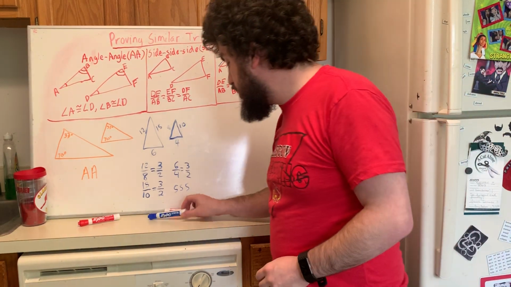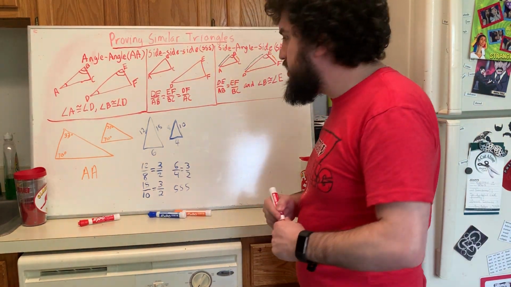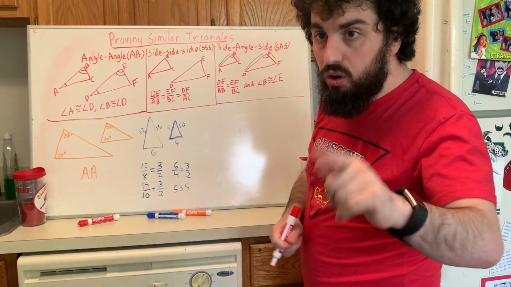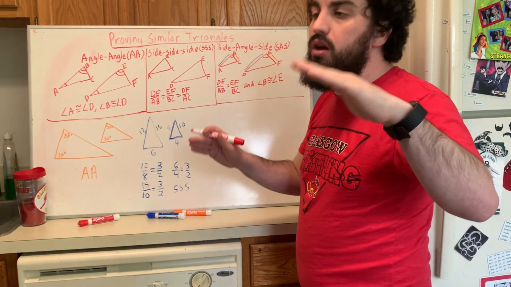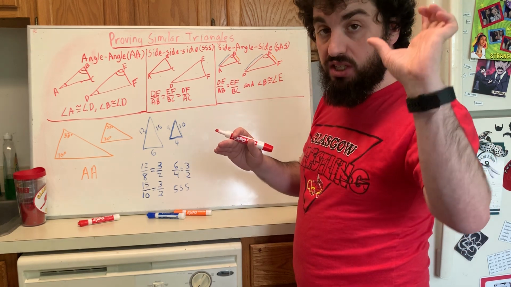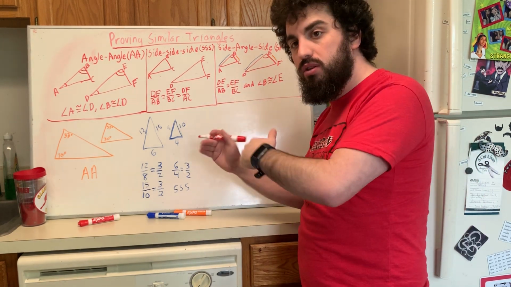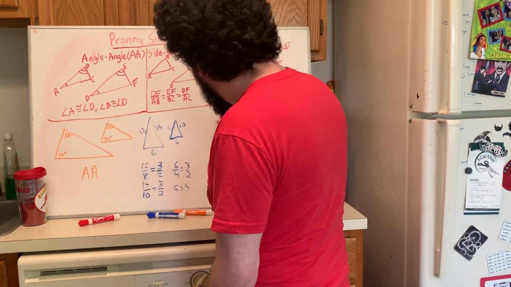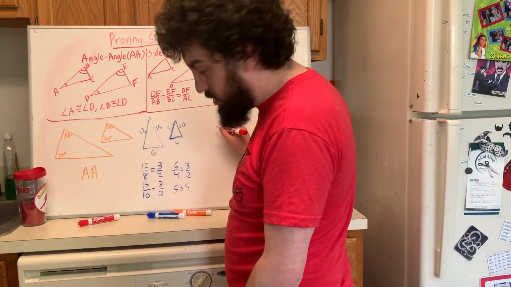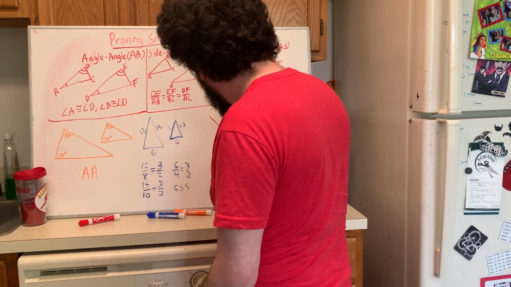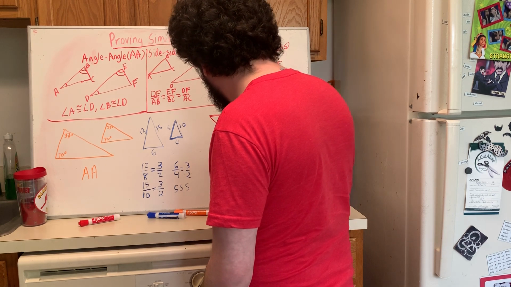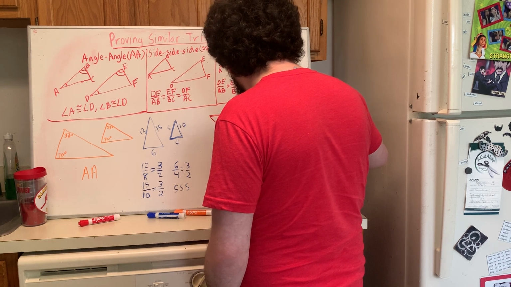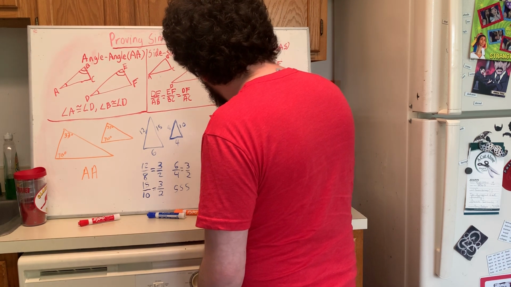Now the last example we are going to look at is angle, side, angle. And remember, that angle has to be between the two sides. That's why we say side, then angle, then side again. It's showing us the order to follow. So in this example, we see something like this, and then something like this.